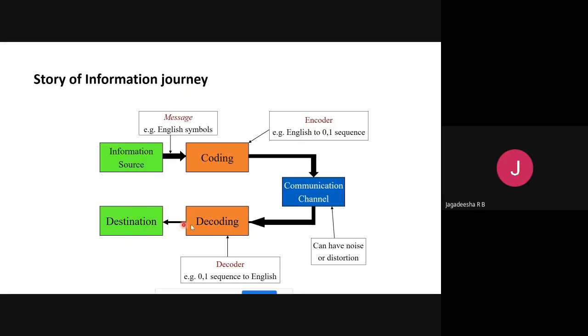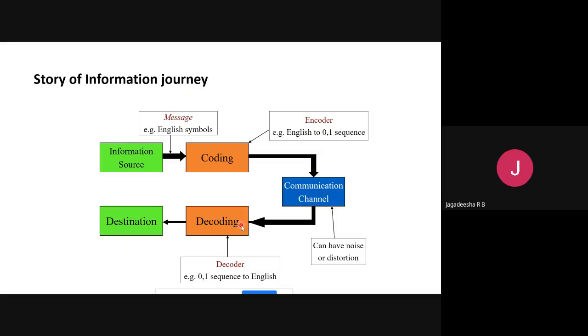So before the information goes to the destination, we use a decoding unit here. The decoder will convert the zeros and ones that have come from the channel back to English or the audio signals. For example, it converts the digital into analog and gives it to the destination. So one term we use here is coding. In this context, it is representing the analog signal as digital so that it can be transmitted through the channel.